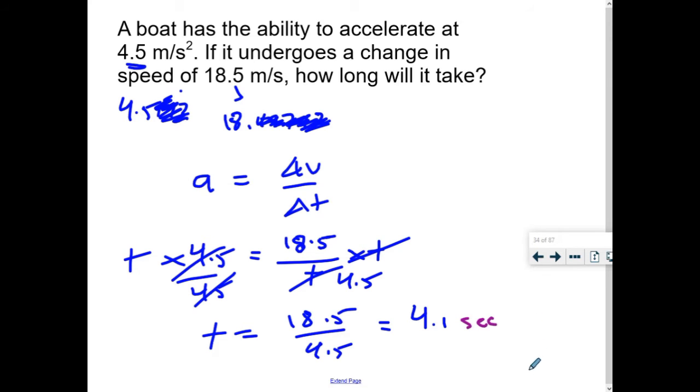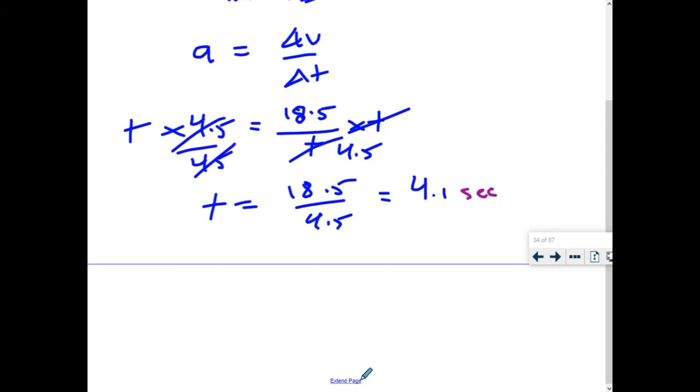Let me show you why this is so important again. This number 18.5, somebody measured it and decided to round to 18.5. What if they actually made it 18.5132? Wouldn't that number round to 18.5? And hypothetically, let's say that 4.5, when someone measured it, they actually could have measured it as 4.51.